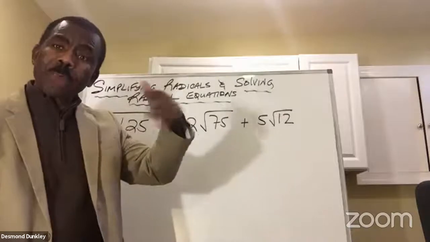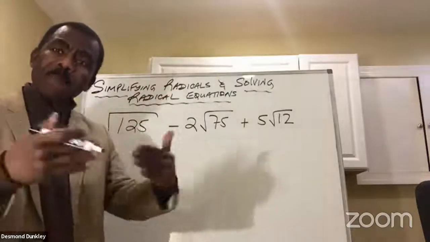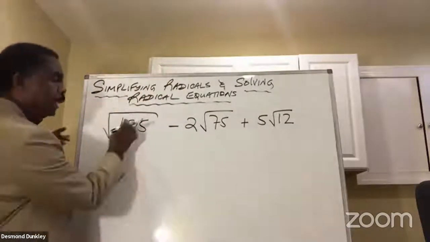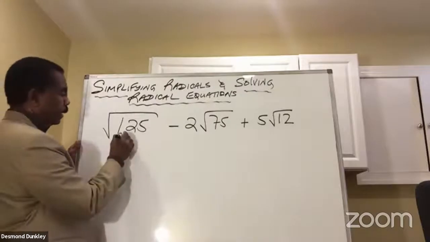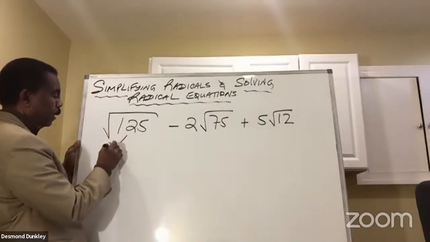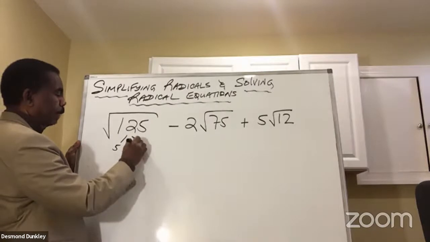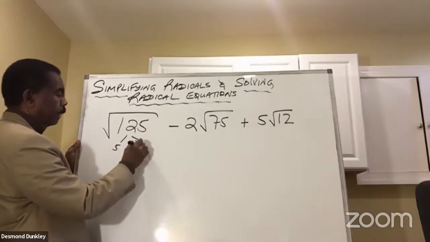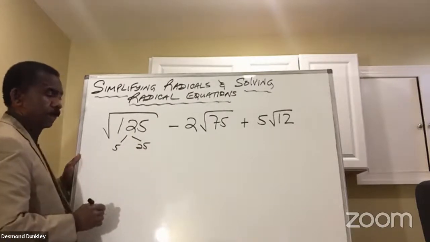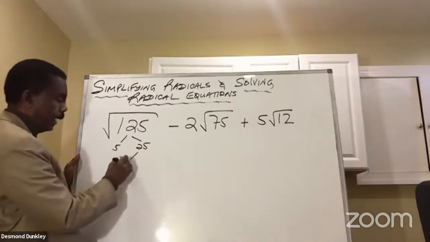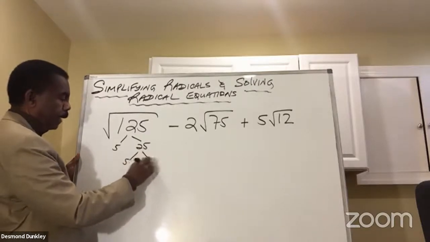You reduce each radical and then see what can be combined. So you do each piece separately. So this is actually 5 times 25. And then 5 times 5.